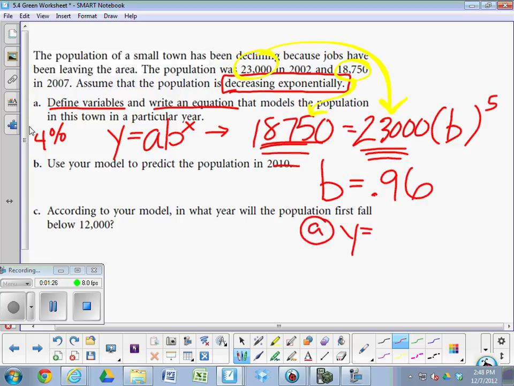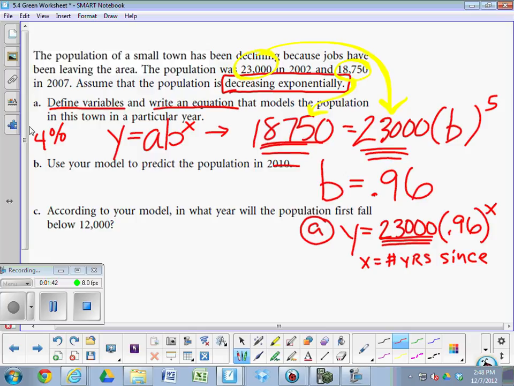Y equals the old population times 0.96 to the x, where x is the number of years since, when was this population recorded? 2002, and y is the population. What part of the question am I answering here?